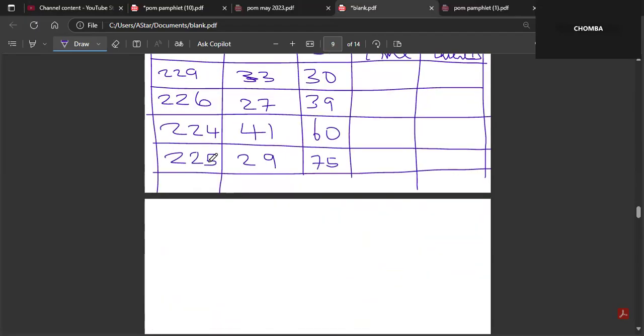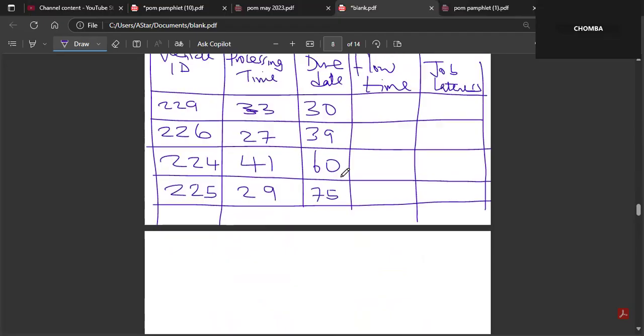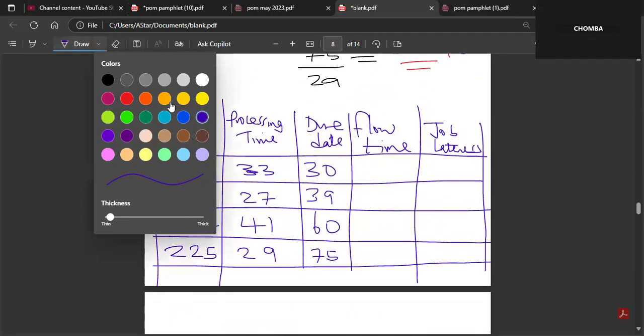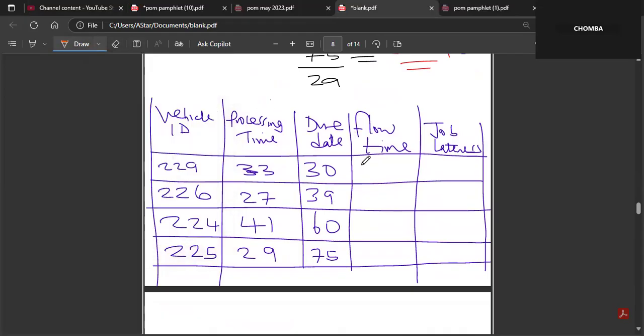Then the cumulative flow time will be 33, plus 27, which gives us 60, then 101, plus 41. Here we are late by 3.